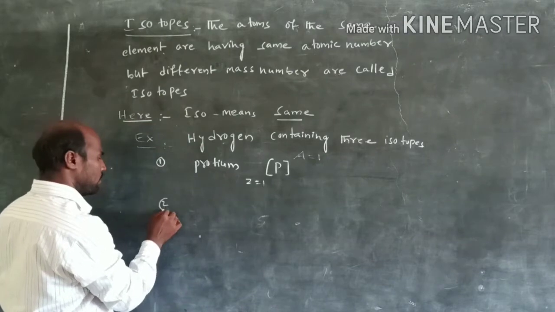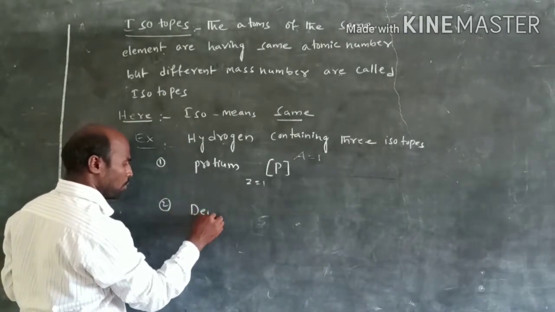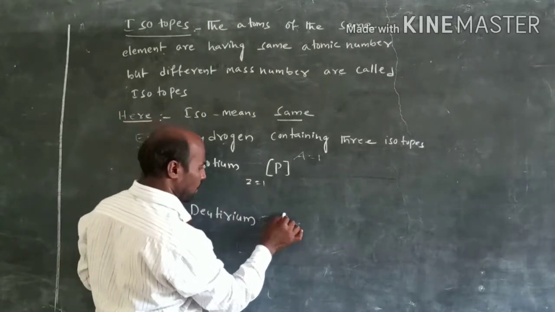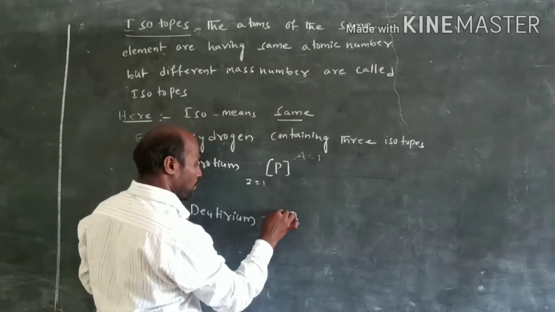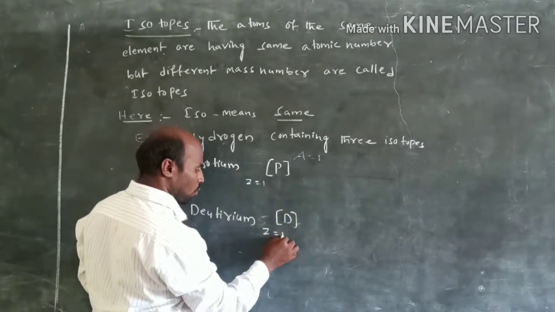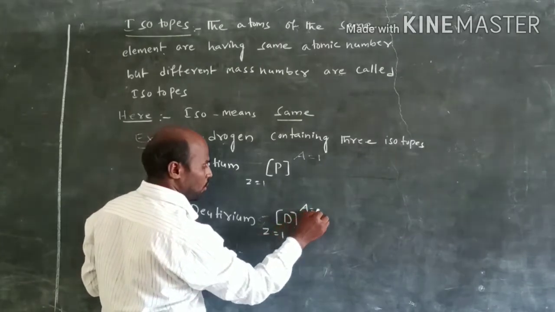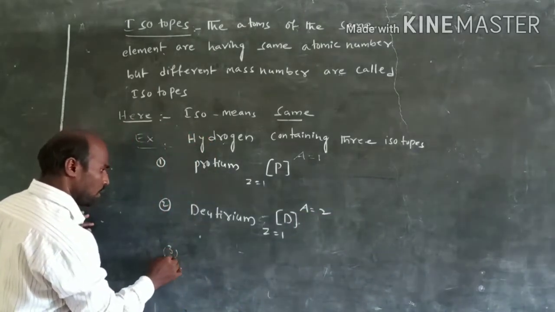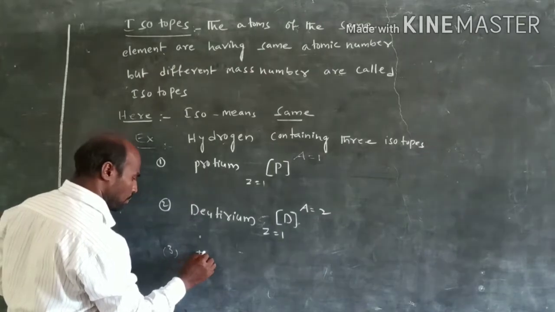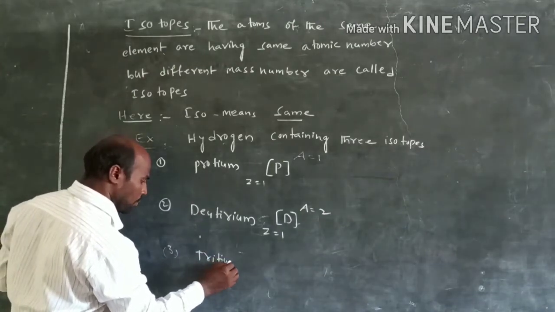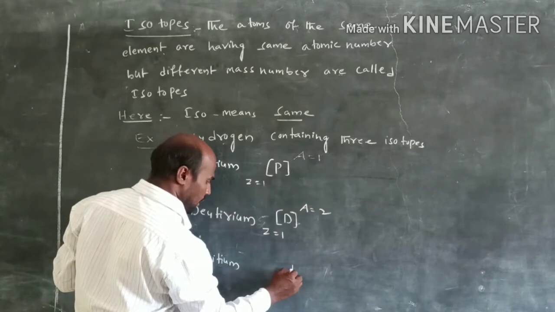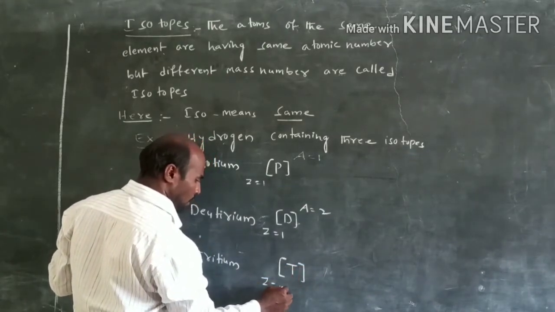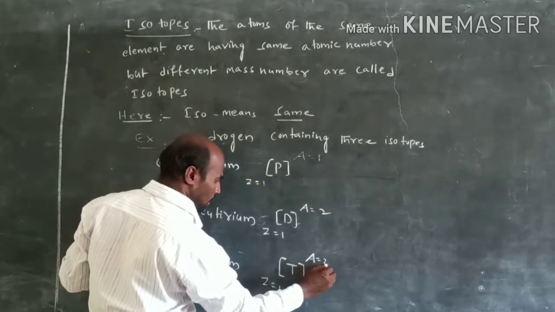The second one is deuterium, D, atomic number Z is equal to 1, mass number A is equal to 2. And the third one is tritium, T, atomic number Z is equal to 1, mass number A is equal to 3.